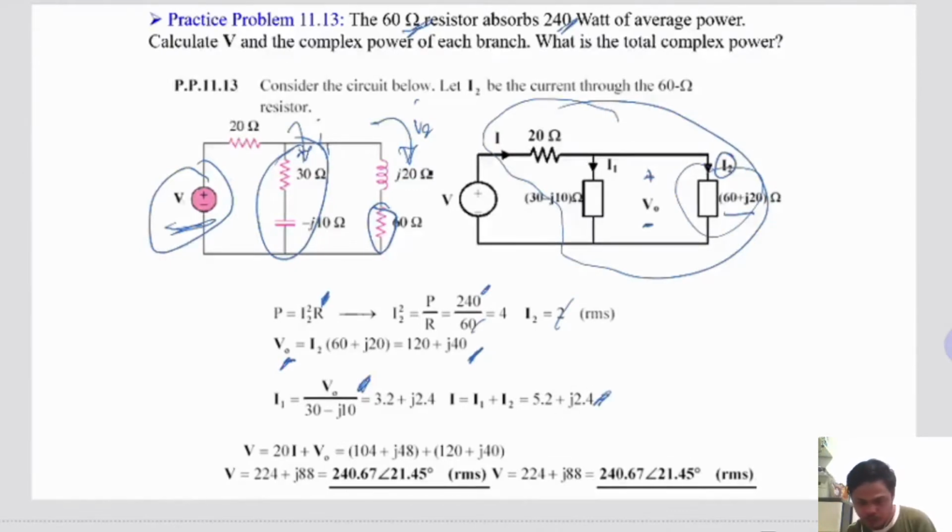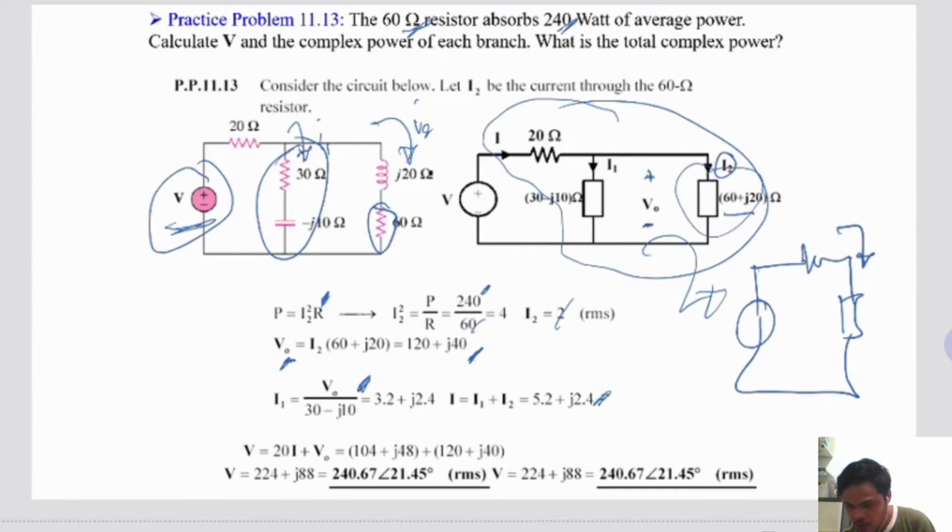To compute V, simply reduce this further into a simple circuit. We now have I. This is parallel, this is VO. I here is the total current flowing into the individual branches, so I is I1 plus I2.